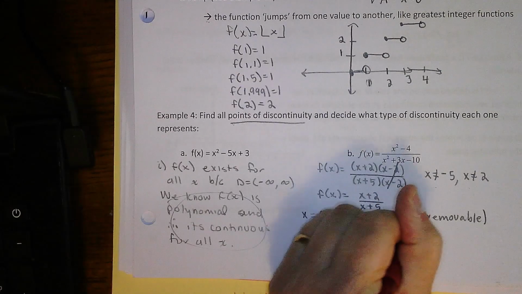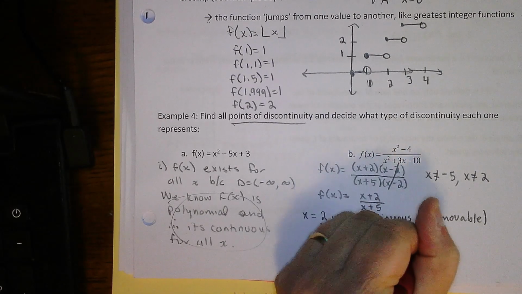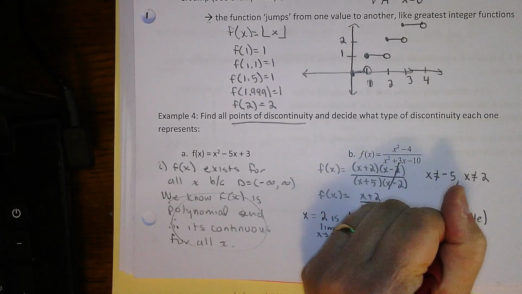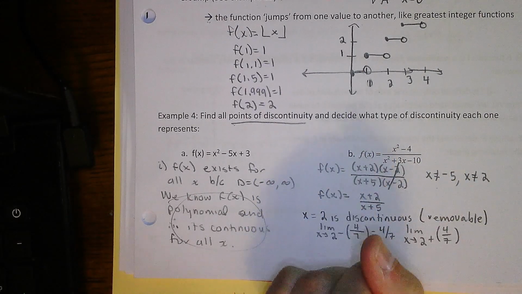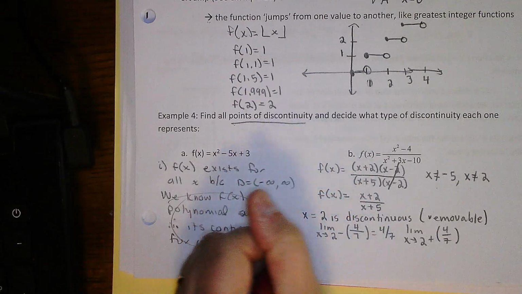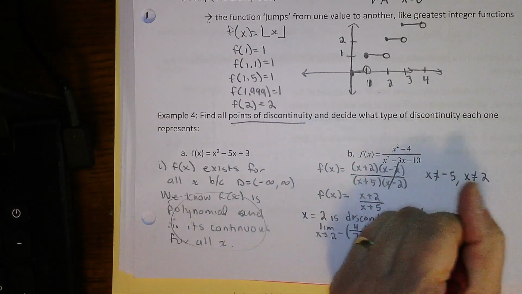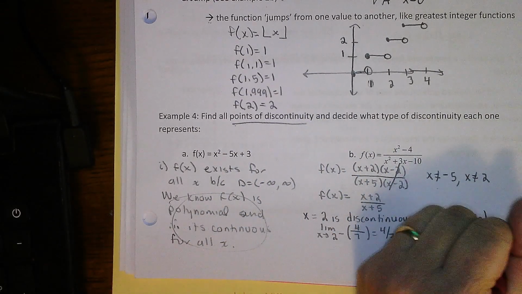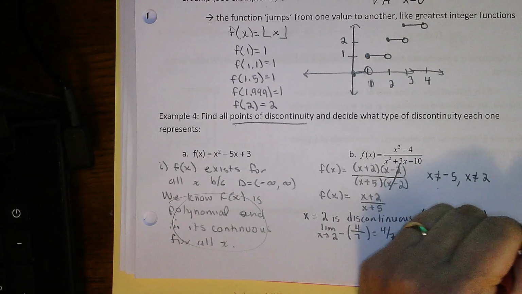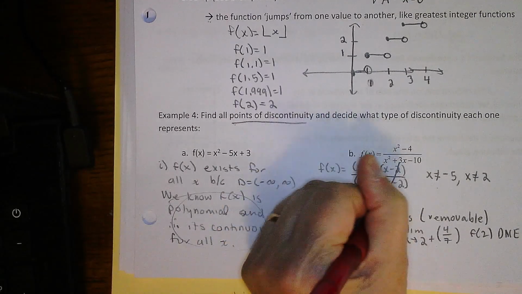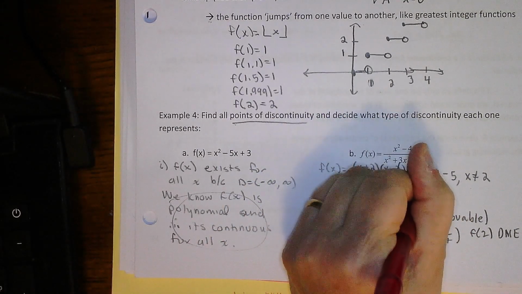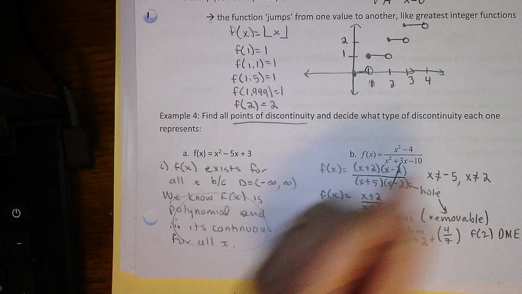And the limit as x approaches 2 from the right is also 4 over 7. So the limit as x approaches 2 exists, even though f of 2 does not exist. So that's removable. In other words, there's a hole there. Remember, you cancel out, there's a hole. So if it's a hole, it's going to be removable.